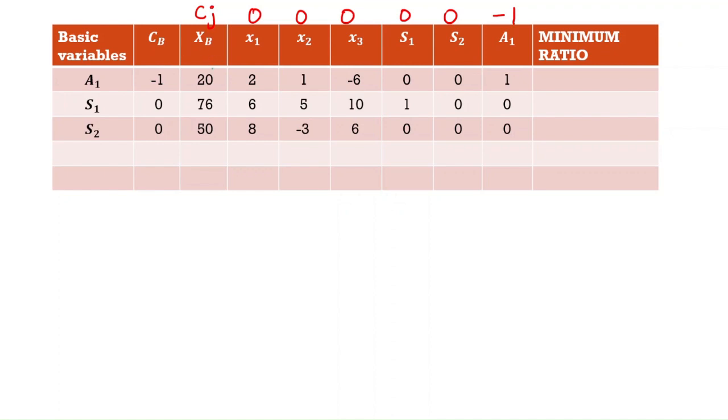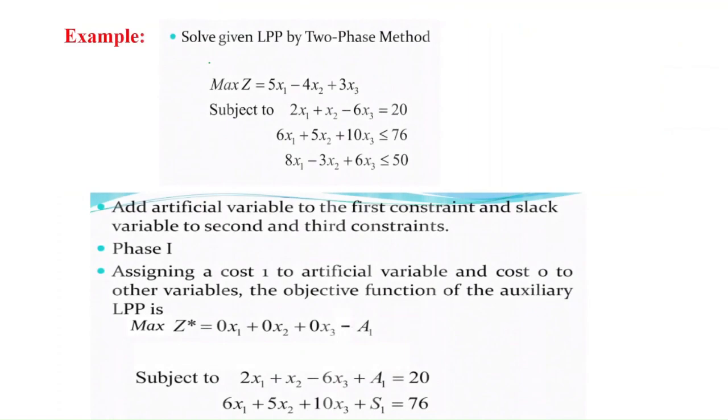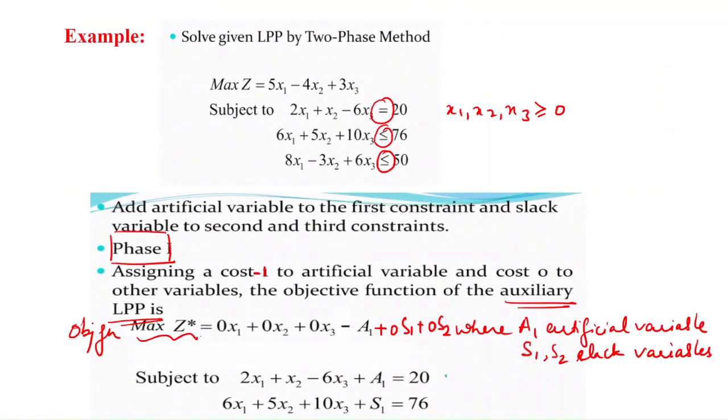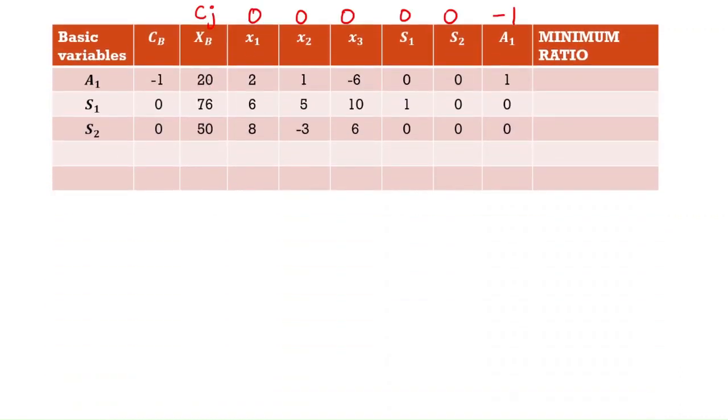Now what is XB? XB is the basic solution that we get when we put the decision variables equal to 0 in all these three equations. So when you put x1, x2, x3 equal to 0, we will get A1 is equal to 20, S1 is equal to 76, S2 is equal to 50. The same we are having here in the XB.